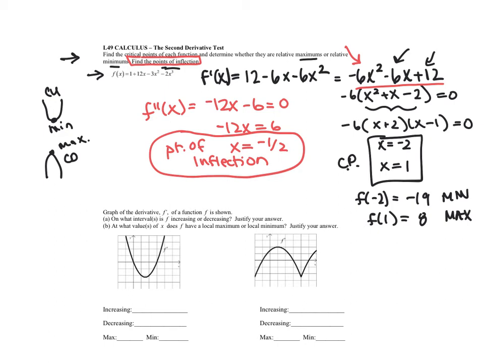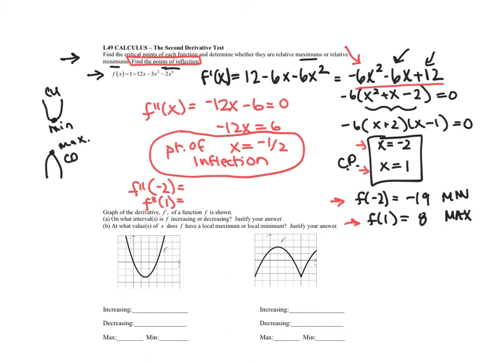Now the other thing you could have done to see if this is a maximum or a minimum right here is you could actually take the second derivative and plug in those values here, negative 2 and positive 1. And again, I don't care which way you do this. You're probably going to want to do it the first way, get it done with, and that's the way that you were taught anyway.